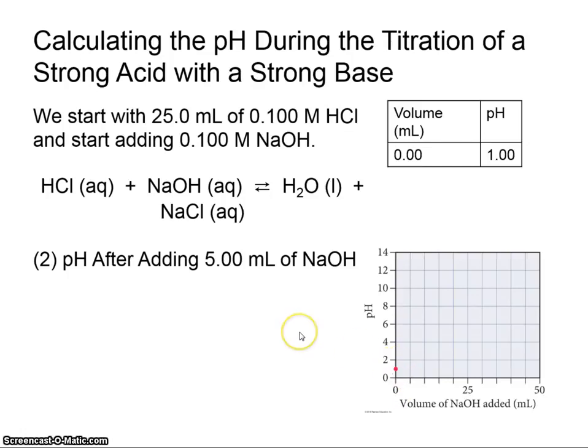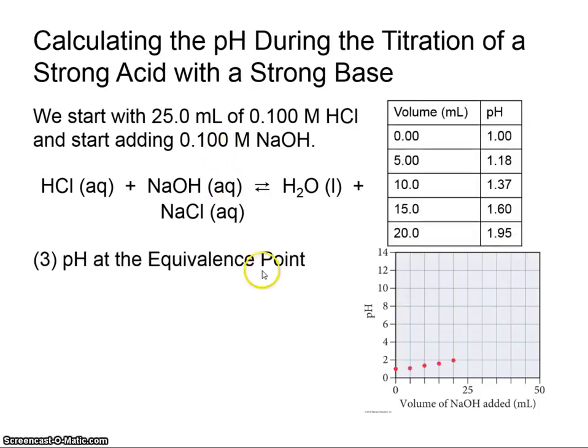For the next point, we're going to add in 5 milliliters of our 0.1 molar sodium hydroxide. We convert the volume and the concentration to moles of sodium hydroxide, and then we do the stoichiometry.